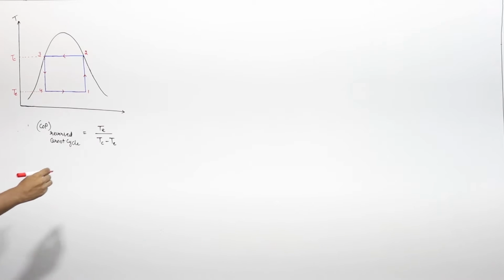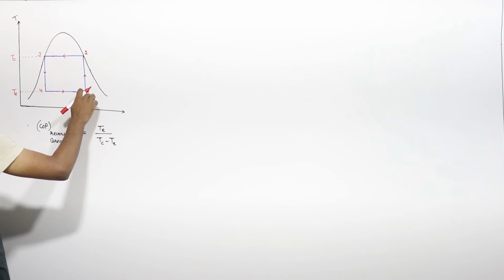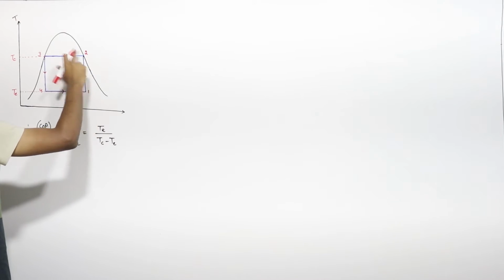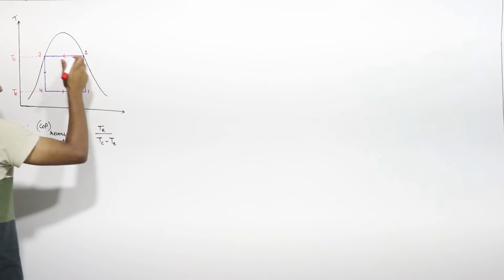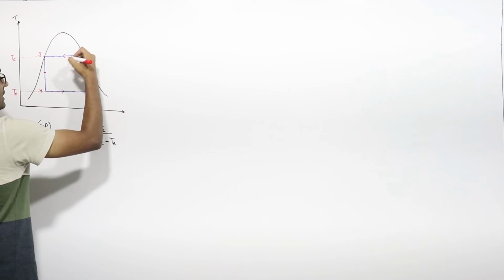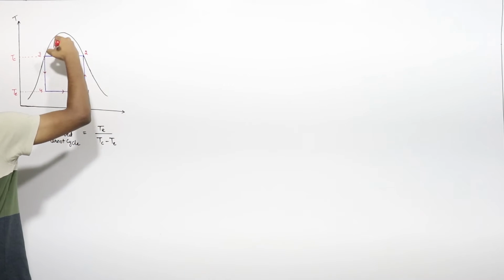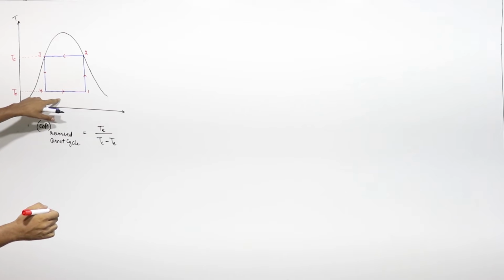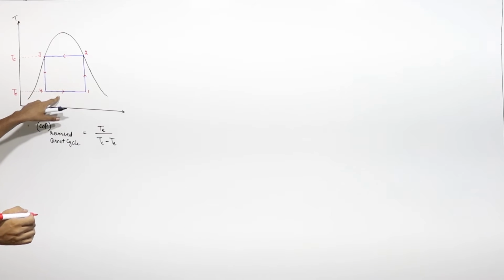Now if we talk about it, WC is the work consumed by the compressor, heat rejected in the condenser is QR, work done by the turbine is WT, and heat supplied or heat absorbed in the evaporator is QS.